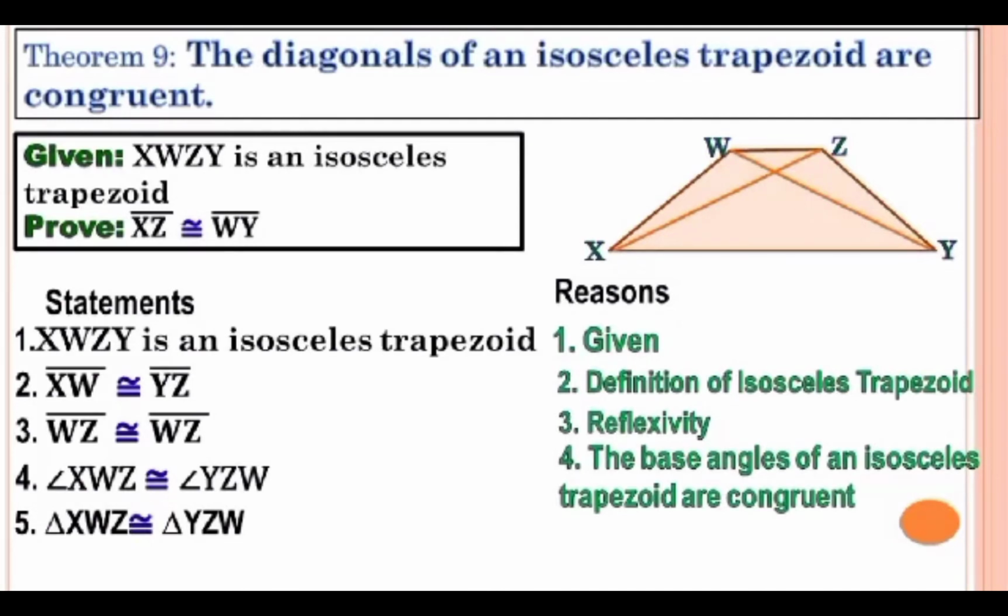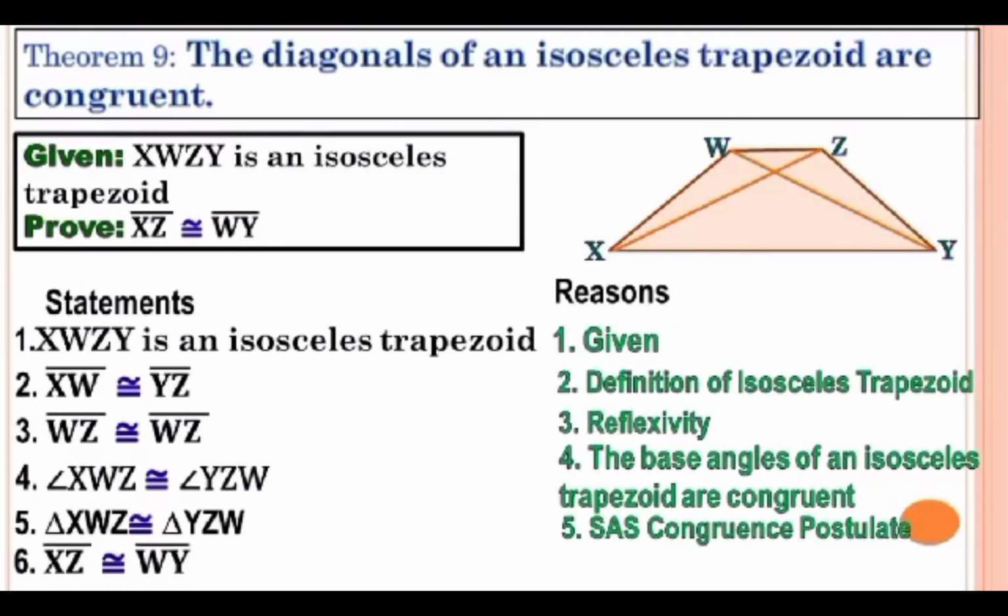Next, triangle XWZ is congruent to triangle YZW. Reason, SAS congruence postulate, or the side angle side congruence postulate. So this congruence postulate states that if two sides and the included angle of one triangle are congruent to the corresponding two sides and included angle of another triangle, then the two triangles are congruent.